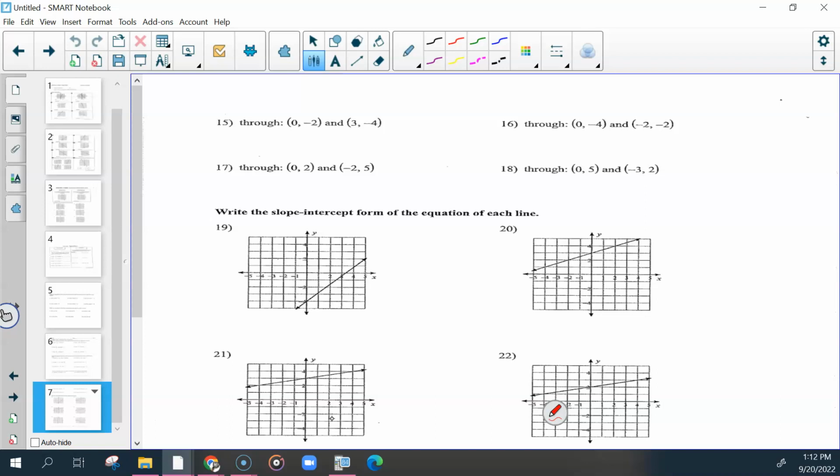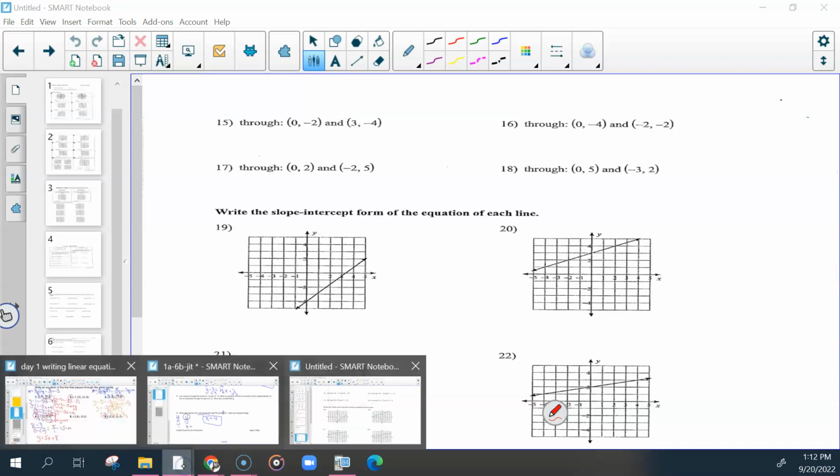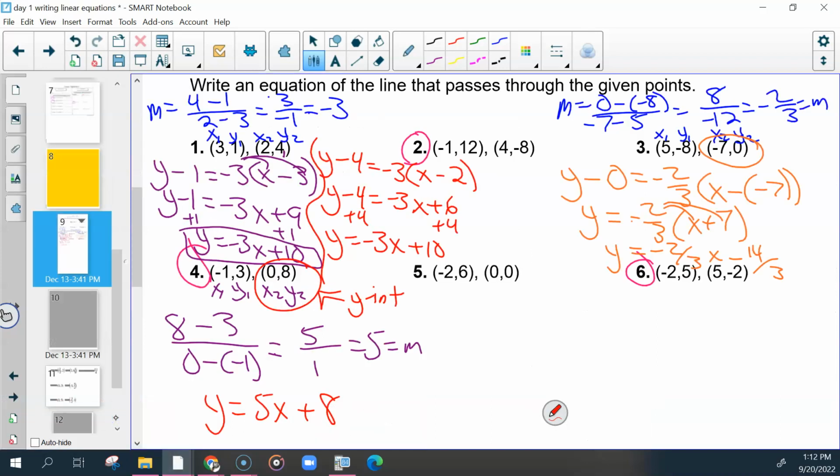Which questions? 13 through 18 on the very last page, or numbers 2, 5, and 6 on the page we were just on.